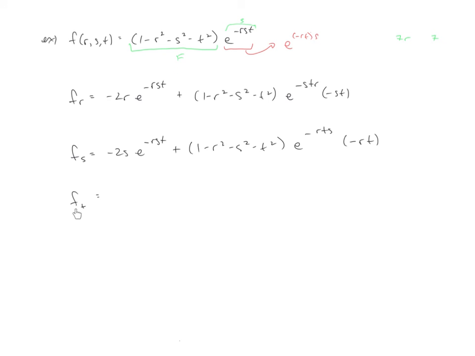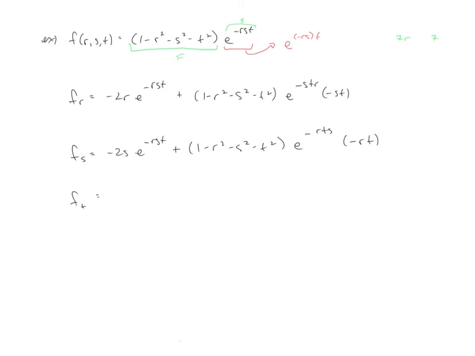And then finally, partial of f with respect to t. Let me come over here and I'll change this one last time if necessary. That's going to mean that r and s are going to be your constants. So we're going to have a negative rs followed by a t, and we'll just follow the same pattern.